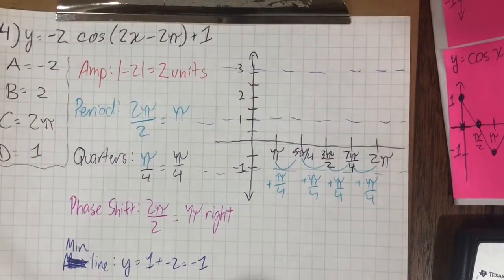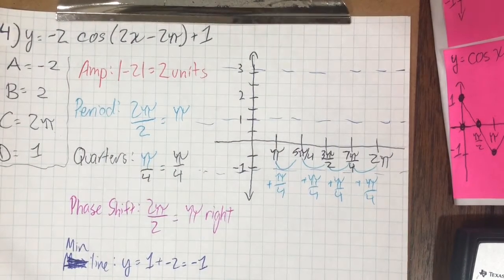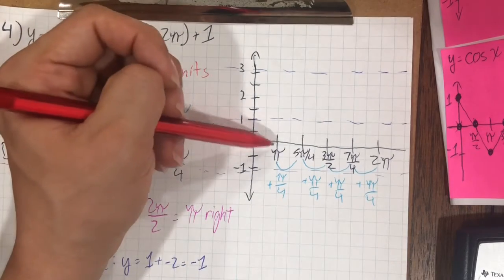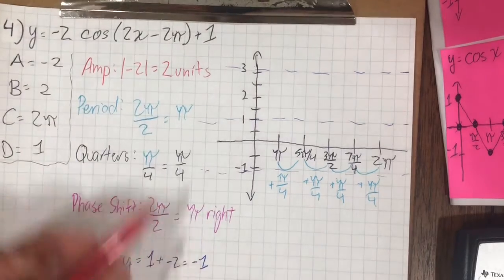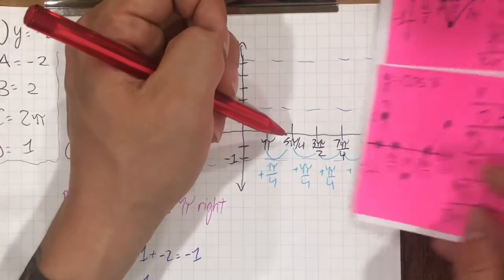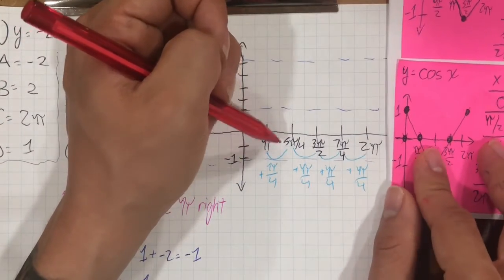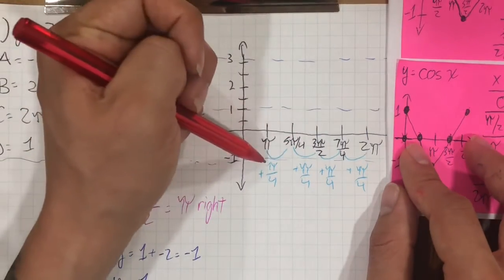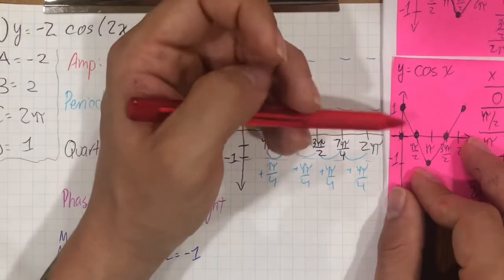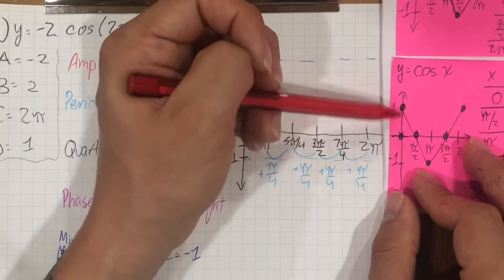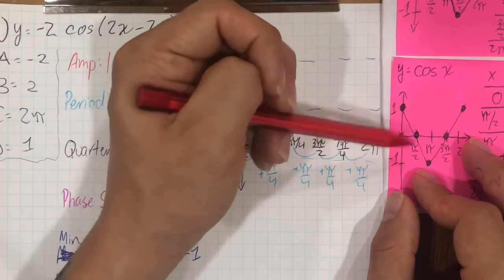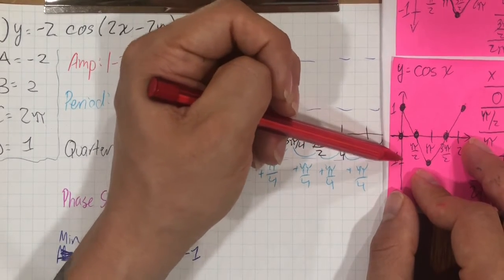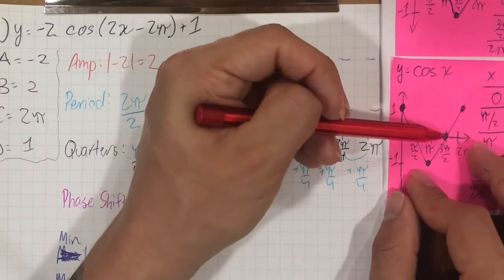Okay, so we got our x values for the graph. Now we're going to start off, instead of at 0, at pi, since we're moving pi to the right. And if you guys recall, the graph is going to reflect. So instead of starting off at the max, we're going to start off at the min. So we're going to go mid, min, mid, max, mid, min.